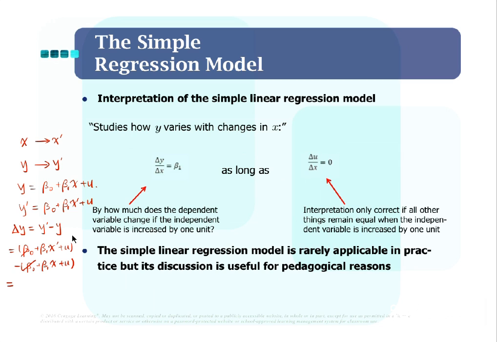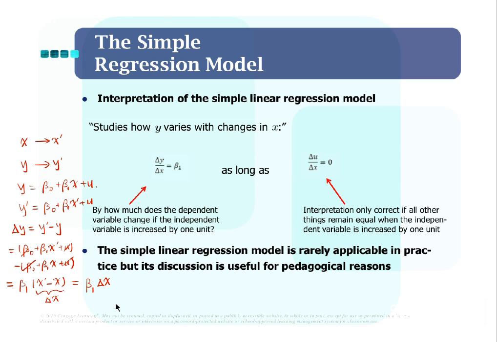And for this one, we have beta 1 times x prime minus x, and this is the change of x. So it equals beta 1 times delta x. So from this step, we get this one.